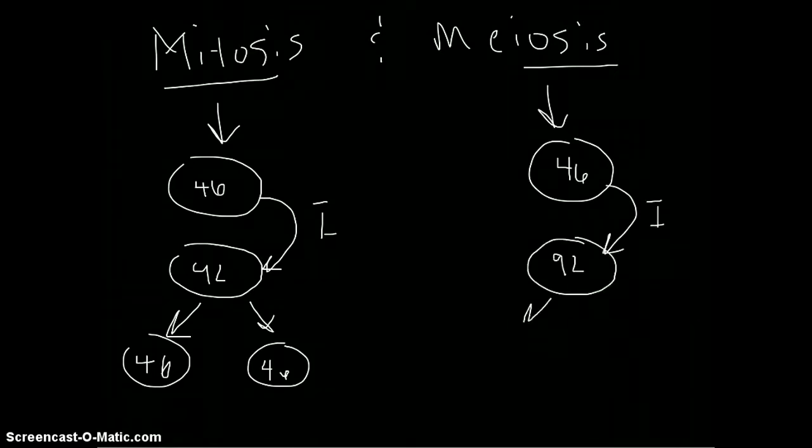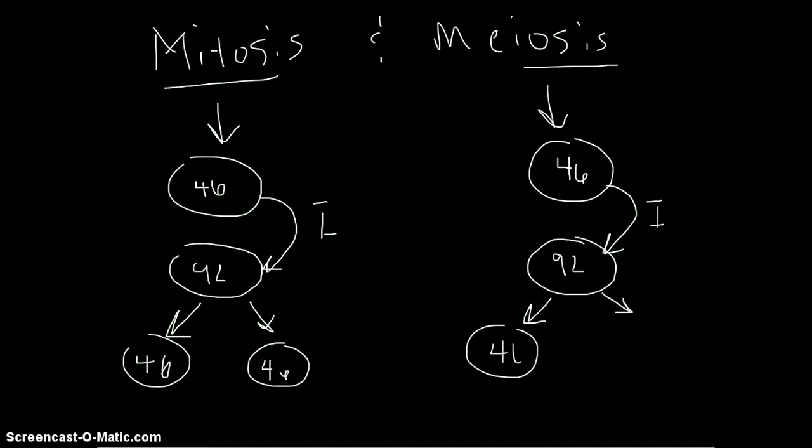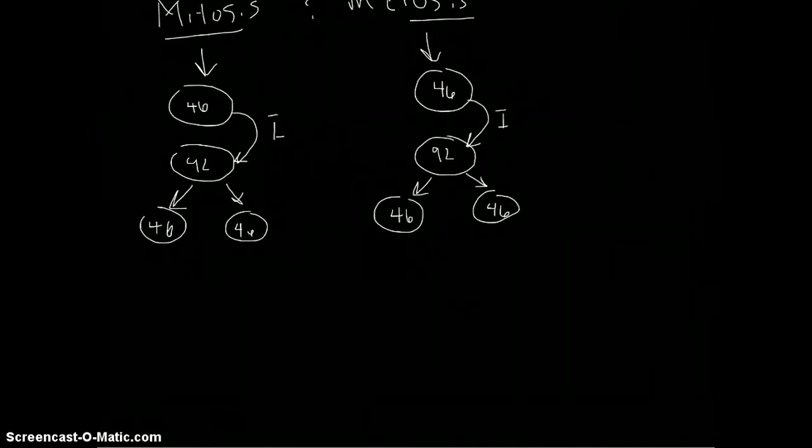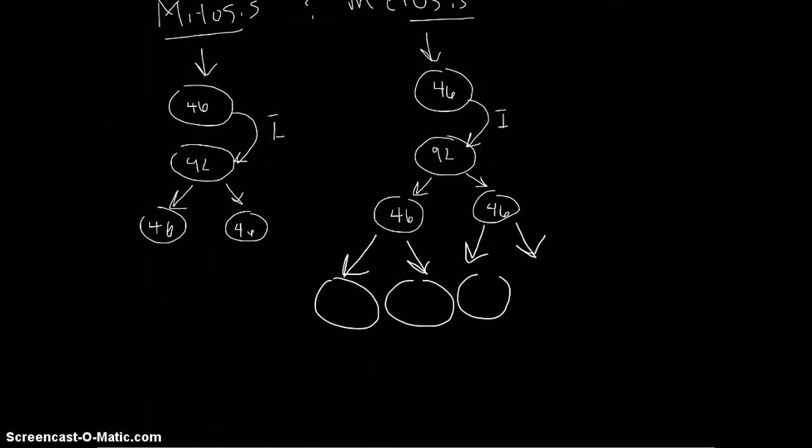again. But instead of just stopping here, where we split it up into two that are 46, we're actually going to do this one more step. Each one of these will be broken into another cell, and that should have a total of 23 in each.